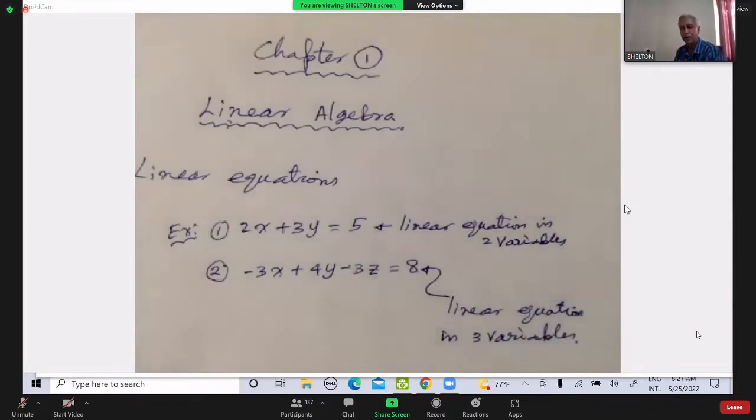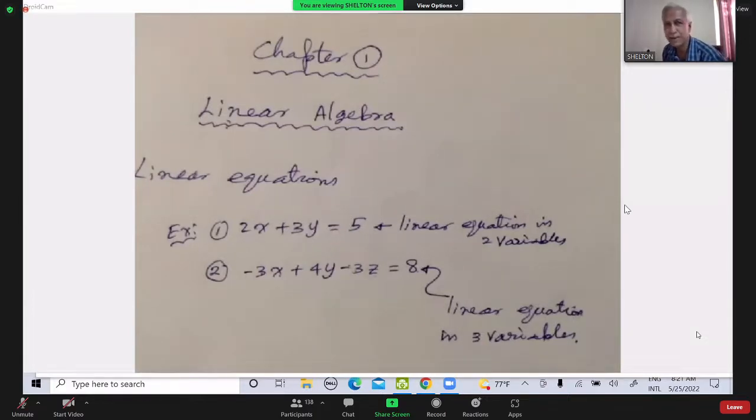So how do you write down a linear equation in 4 variables? I need 4 letters to represent variables. How do you write down an equation in n variables? Letters of the alphabet are not enough.